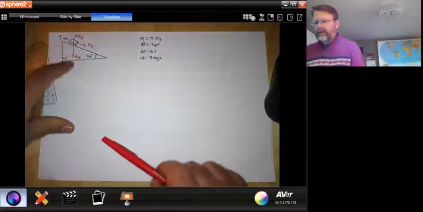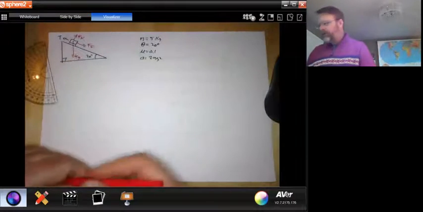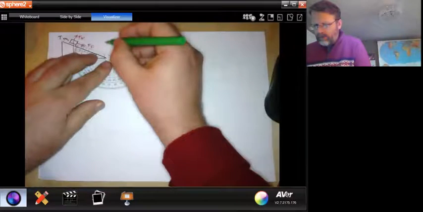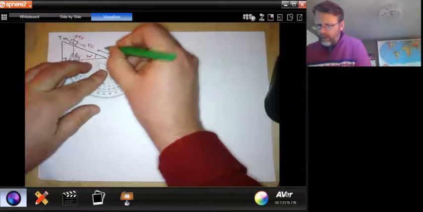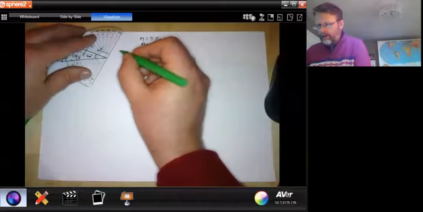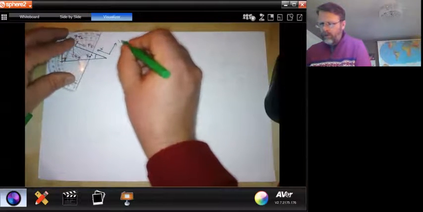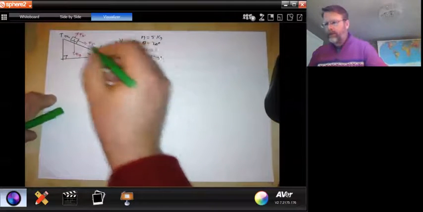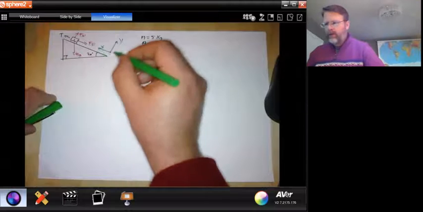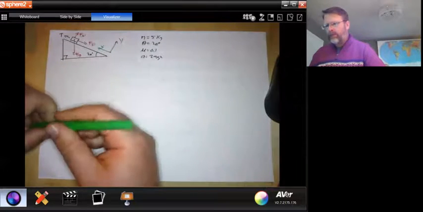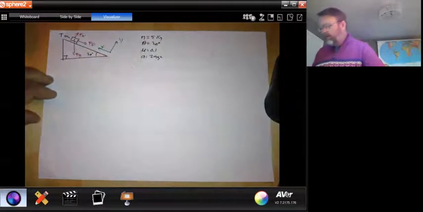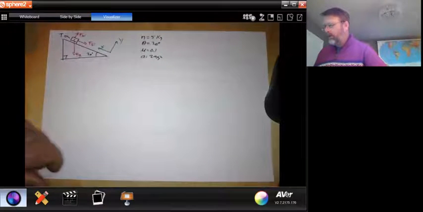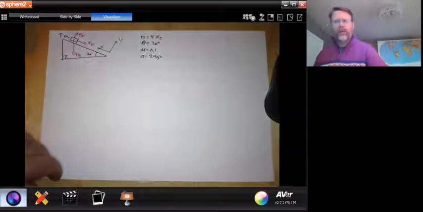We're going to break this up into different components eventually because we're going to call this direction X and this direction Y. So that tension is only acting in the X, friction is only acting in the X, normal force is only acting in the Y. So we only have to resolve one force, and it's already kind of defined, so we don't have to do multiple unknowns within one equation.